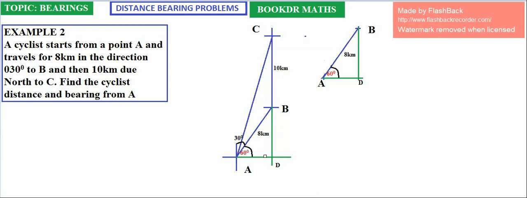I want to find AD, the distance AD, by using trigonometry ratio. Now note that this is a right angle triangle. Our reference acute angle is 60 degrees. In that case, this is my adjacent, and this is my opposite, and this is the hypotenuse.